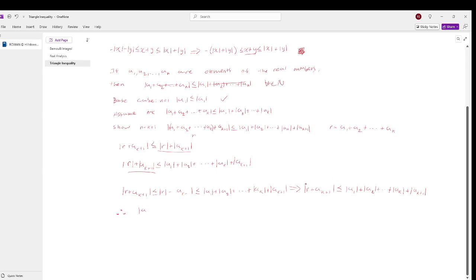Subbing in r, the absolute value of a1 plus a2 plus dot dot dot plus a sub k plus a sub k plus 1 is less than or equal to the absolute value of a1 plus the absolute value of a2 plus dot dot dot plus the absolute value of ak plus the absolute value of ak plus 1. Boom. What did we just show? We just showed n equals k plus 1 is true, using our assumption and the triangle inequality. So that basically completes our proof here.